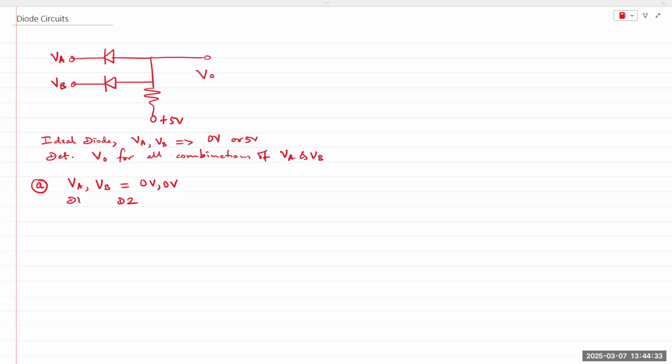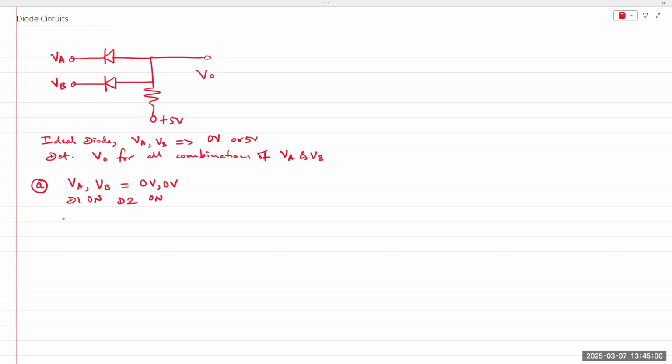If the cathode is 5 volts, it's off, but if it's anything less than 5 volts, it's on. So if VA and VB are 0 and 0 volts, D1 and D2 are both on. If they are both on, what is V out?